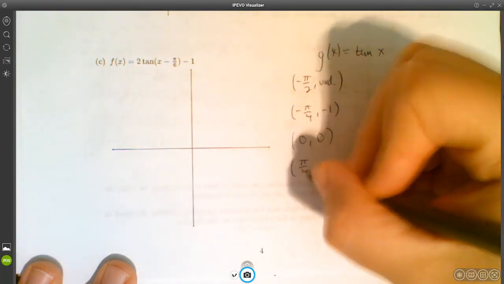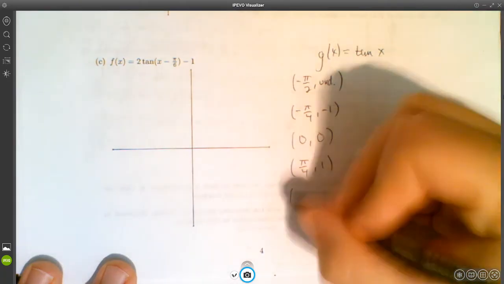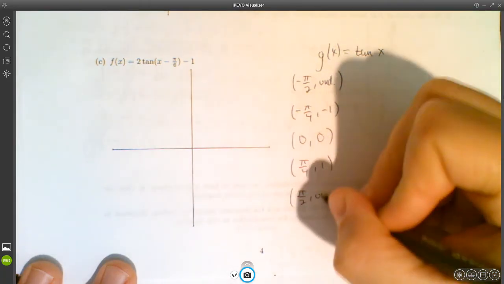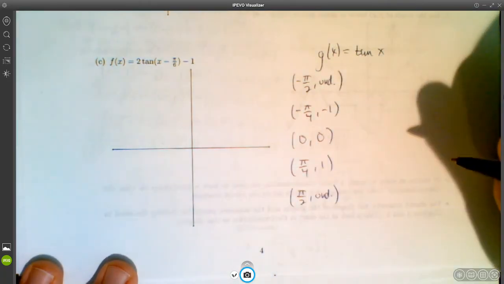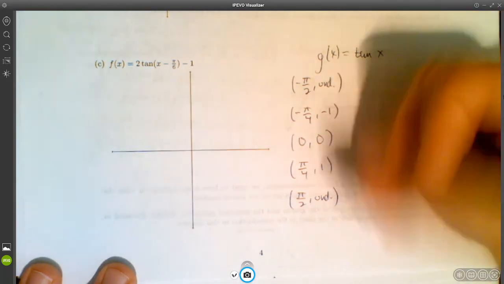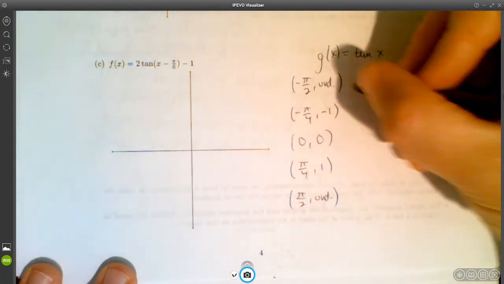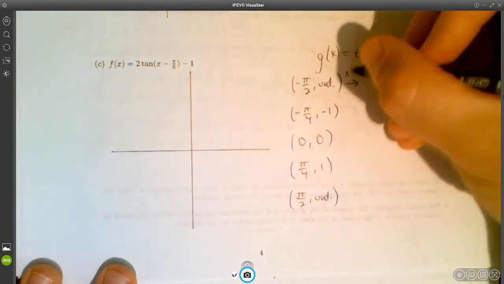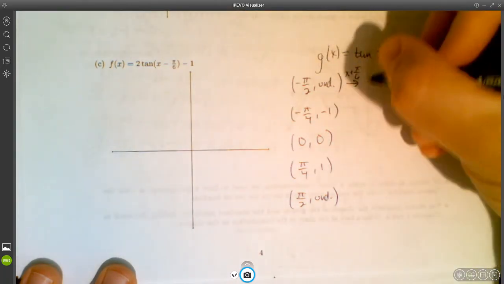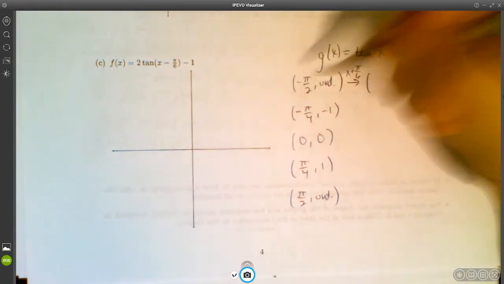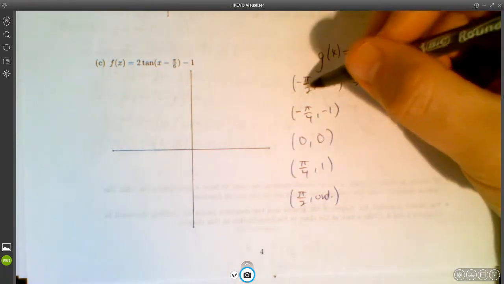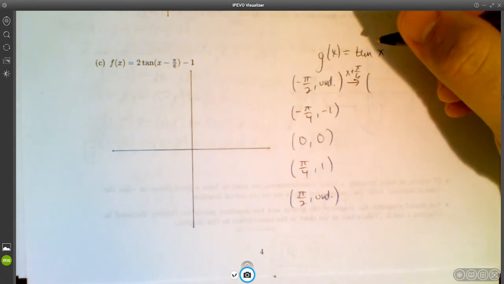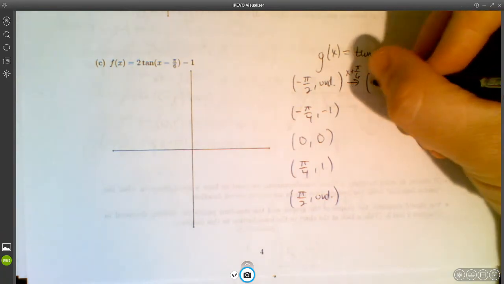Pi over 4, positive 1 is on the graph of tangent. And then pi over 2 undefined, this other asymptote. So we're going to apply transformations to this just like we would to any other kind of function. So I'm going to add pi over 6 to the x coordinates. Pi over 2 is 3 pi over 6, so negative 3 pi over 6 plus pi over 6 is negative 2 pi over 6. That's just negative pi over 3.